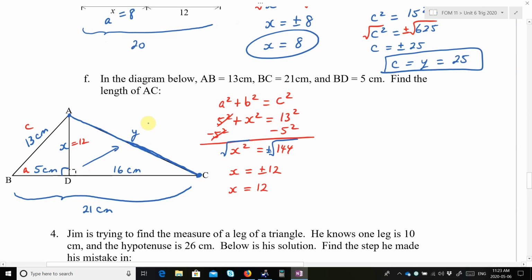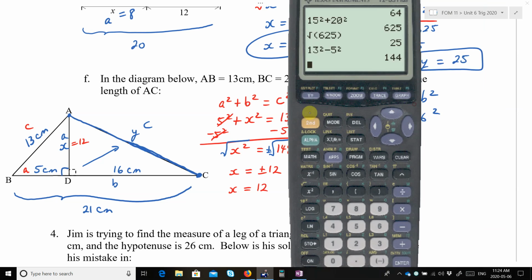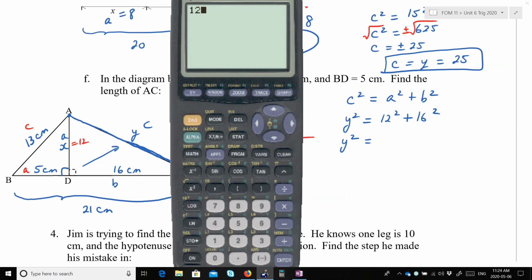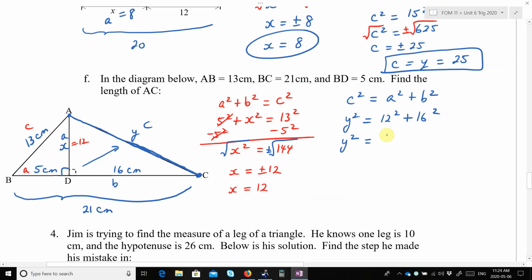And now we can use that to get the length AC, which I've labeled as y. Okay, and it's across from the 90, so that's C, which means we can make this A and this B. C squared is equal to A squared plus B squared. C I have replaced with y, so y squared is equal to, the A is 12, B is equal to 16, so y squared is equal to 12 squared plus 16 squared, which is 400.